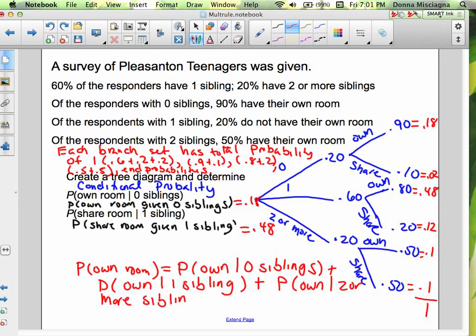Now we've got all of our probabilities calculated out on the side there, so it's pretty easy now because all we have to do is add up the right probabilities.